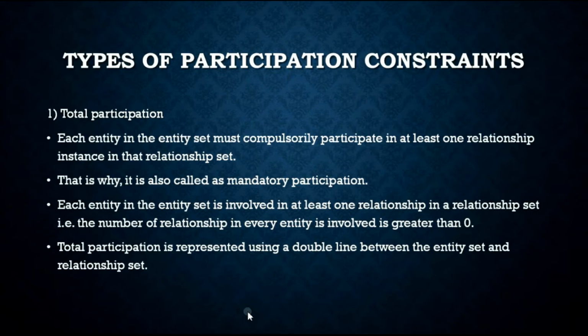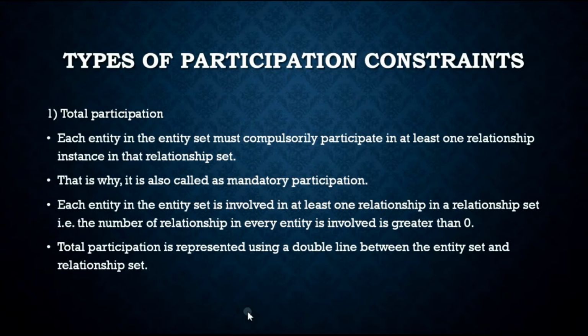This also implies that the number of relationships that every entity is involved in should be greater than 0. It cannot be equal to 0 or less than 0. It has to be greater than 0, because only then will it fulfill the criteria that each entity in the entity set has at least one relationship instance.